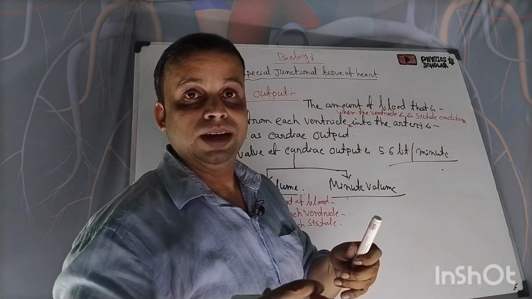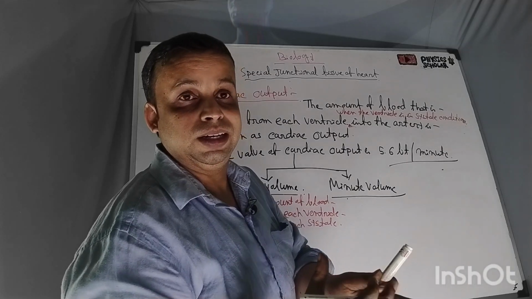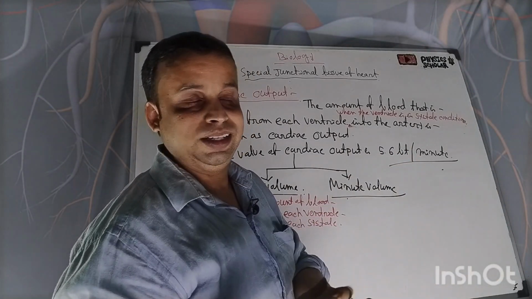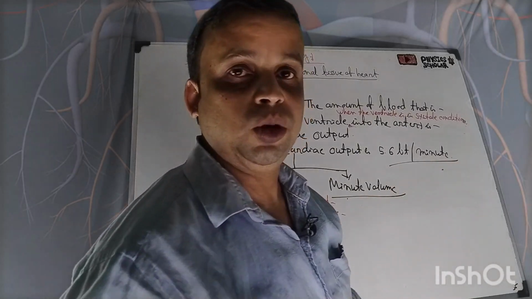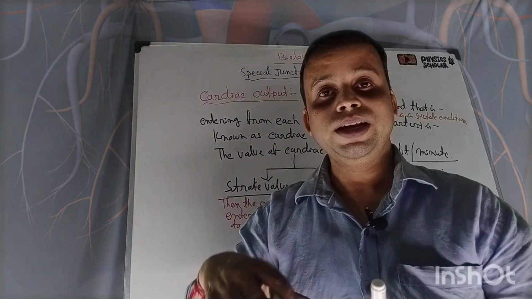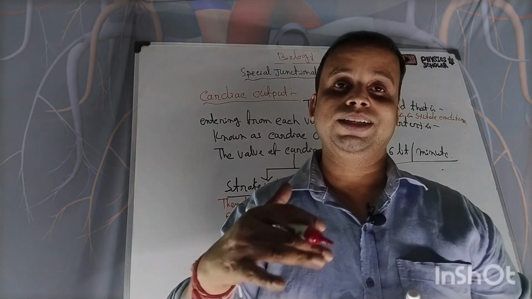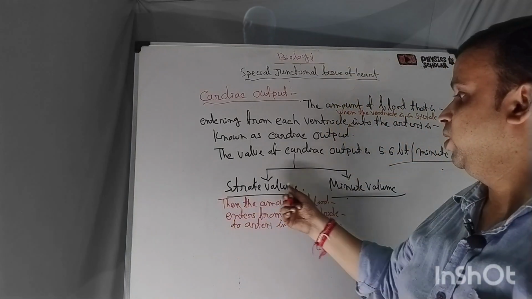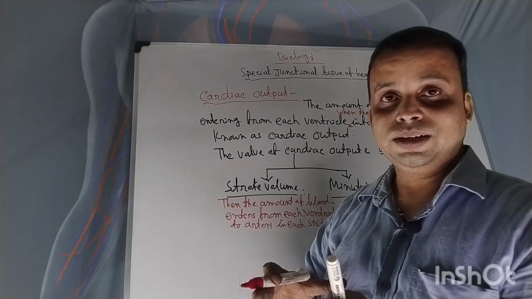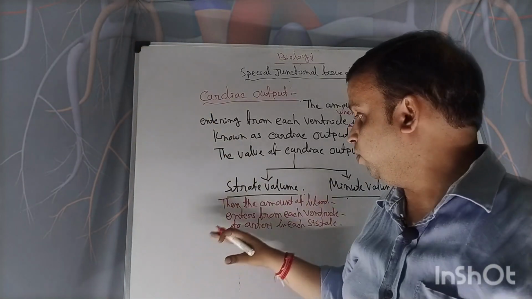And what is minute volume? In the systolic condition, the amount of blood entering the artery from each ventricle in a minute is known as minute volume. Clear? So stroke volume is per systole, or per stroke, the amount of blood entering the artery from the ventricle.